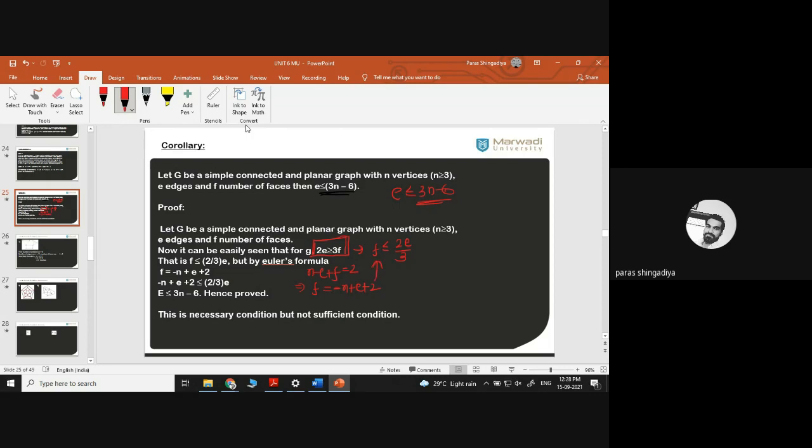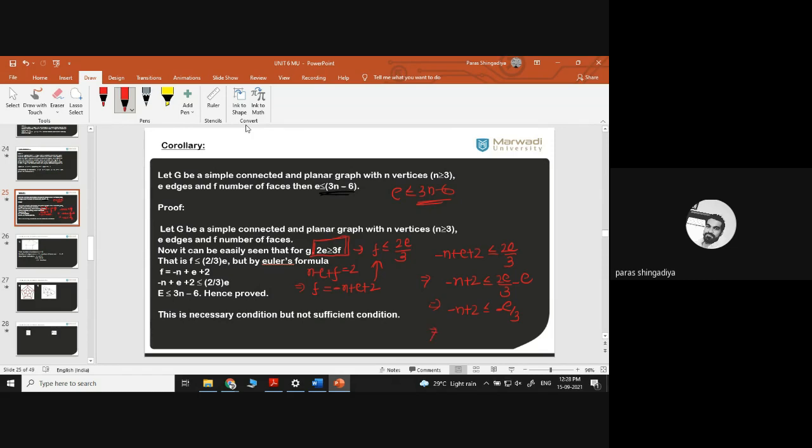So it will become minus N plus E plus 2 less than or equal to 2E by 3. And simplify that. Minus N plus 2 as it is here. And E will be shifted to this side, so it is 2E divided by 3 minus E. Now simplify that side. So it is minus N plus 2 less than or equal to 2E minus 3E divided by 3, so it will be minus E by 3.